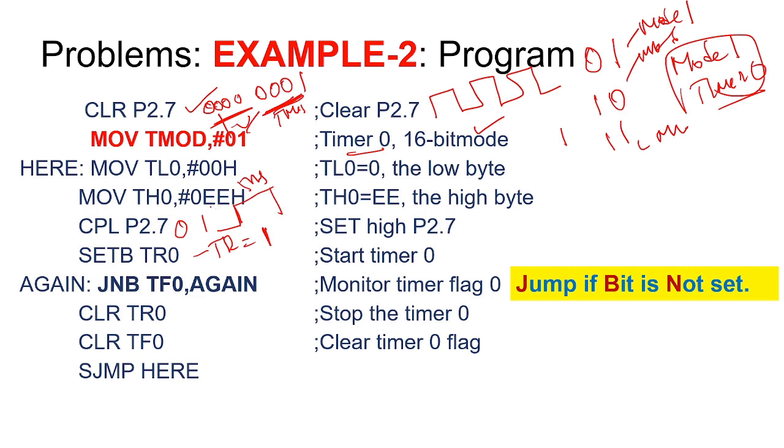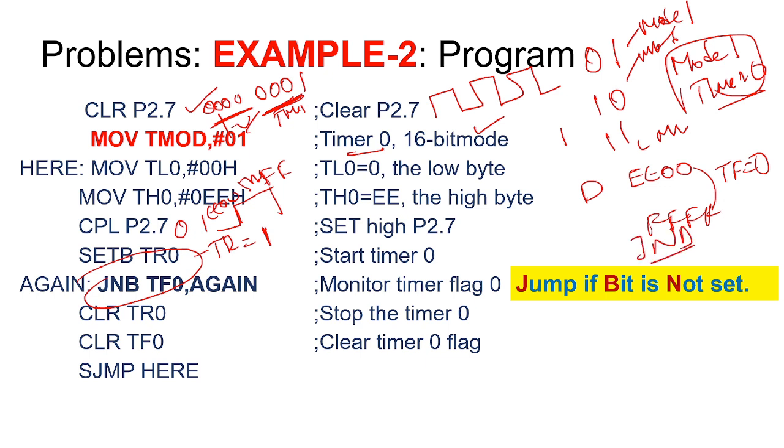Okay, so it starts from EE00 to FFFF. It will keep on monitoring the timer clock during this transition. During this, your timer flag will be 0. So the JNB, what will it do? Jump if bit is not set.